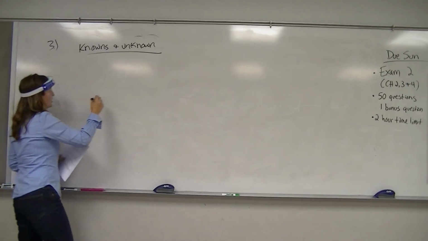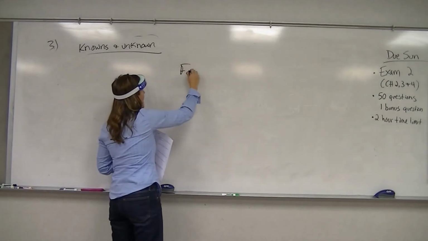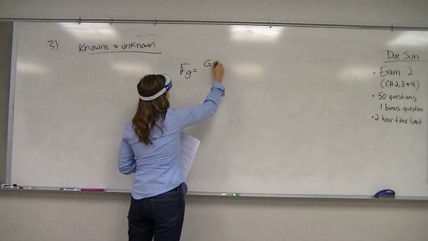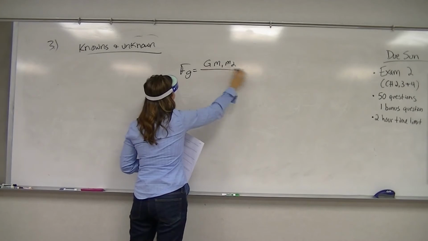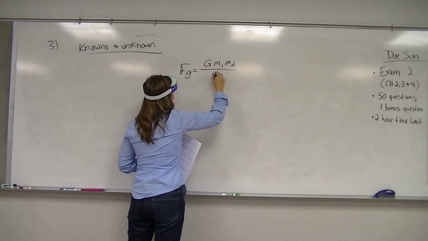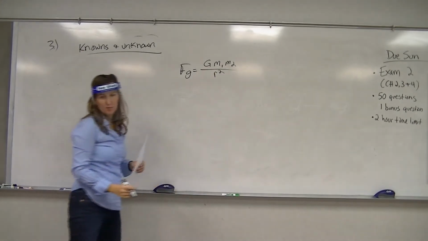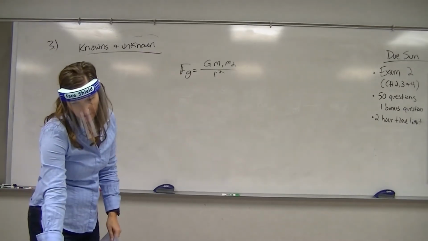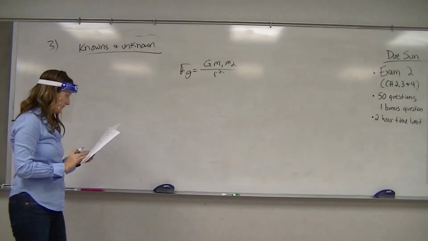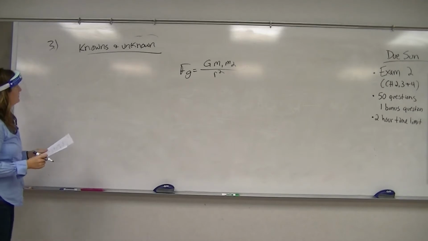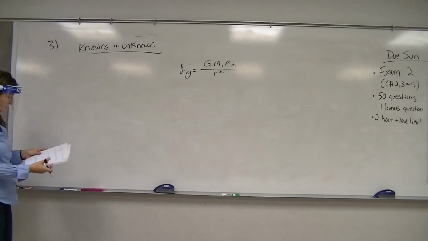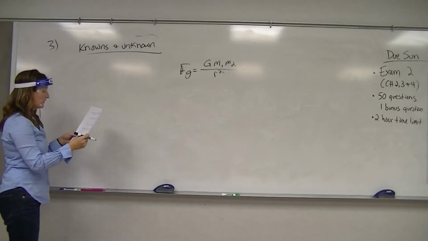We're using that equation. F of g is equal to G m1 m2 over radius squared, I believe. I have all these memorized by now. Yes, it is squared. Okay. So they're giving you 2 vehicles.